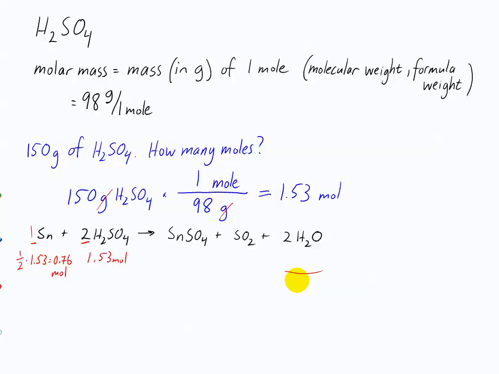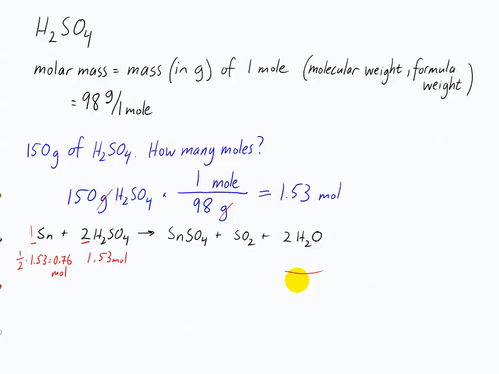It's 1 to 1 with sulfuric acid, or it's double with tin. And this is why the mole thing is useful, because we don't have to care about those masses anymore. Once we have the moles, they all keep the same equivalence. So if we start with 2 molecules of sulfuric acid, we end with 2 molecules of water. If we start with 1.53 molecules of sulfuric acid, we end with 1.53 molecules of water.